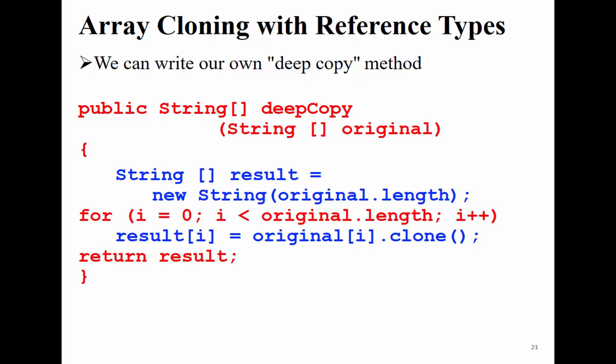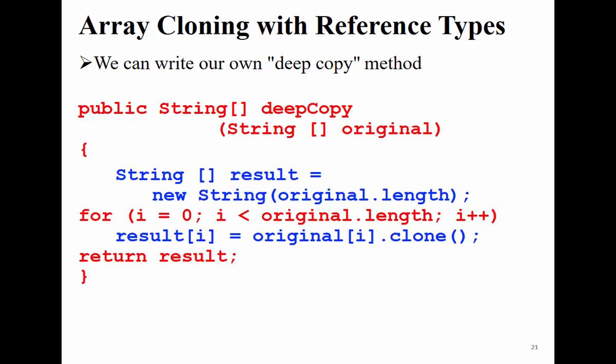Because I'm doing a deep copy, it's obvious that if I have an array of 10 elements, the copy should have 10 elements, not more or less. Then I go over all the elements inside the length, and I copy inside this element: original[i].clone. So I copy the objects one by one.